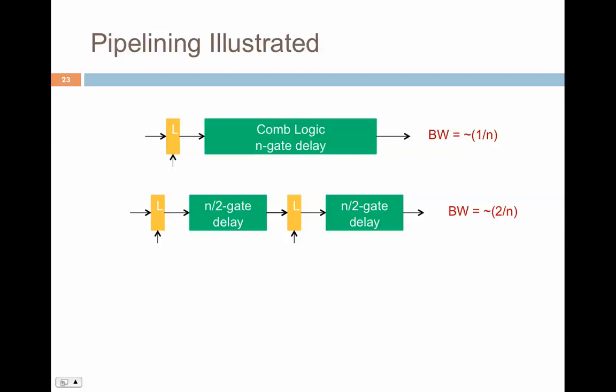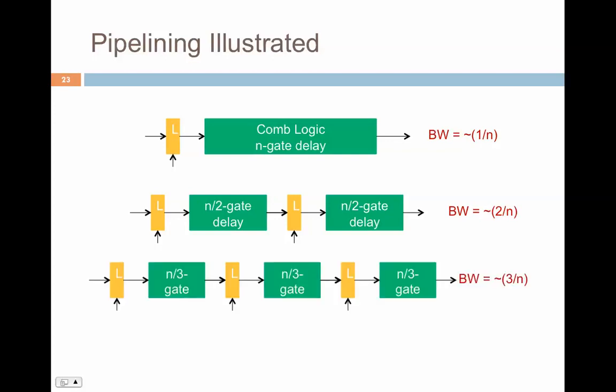Now you can do the same thing and break this further into n by 3 gate delays followed by a latch and so on, and the bandwidth now increases to approximately 3 by n. So by creating smaller stages, you can increase the bandwidth, which is approximately equal to the number of stages.